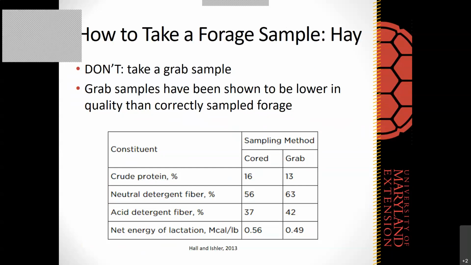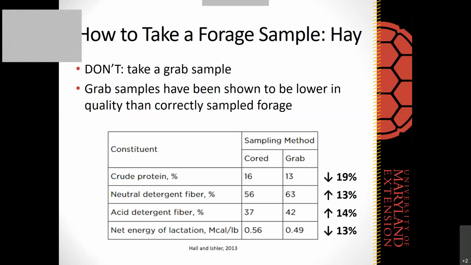If you look at this chart, you can see that if we use a grab sample instead of a hay core, we're having a lower value than the actual crude protein value. In this example, it was 19% lower with a grab sample than a hay core. The fiber values are going to be overrepresented, a little bit higher from the grab sample than from the actual hay core. And the energy values are going to be underrepresented.